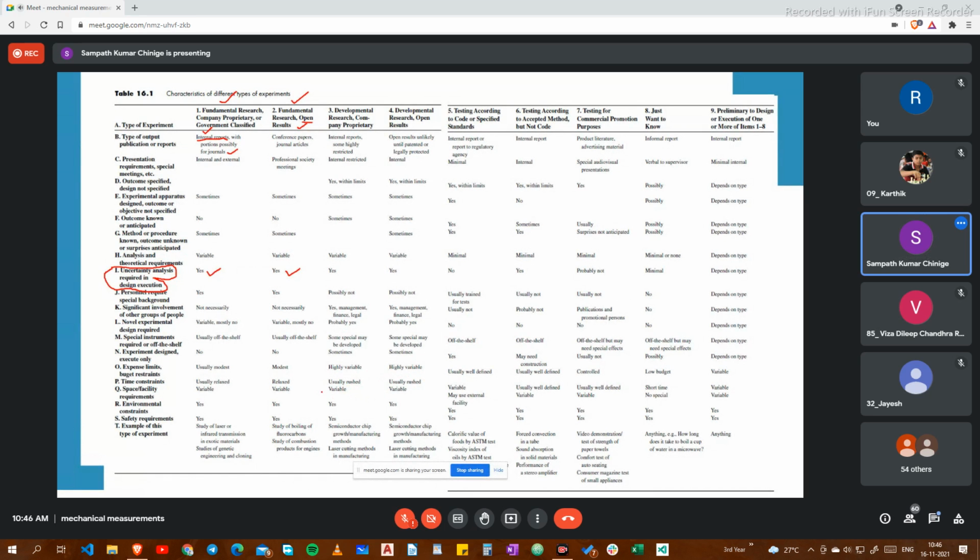One of my experiences in my laboratory, I will tell you. My guide got a good project from the industry. When we had done some experiments and were ready with the results, people from the industry who partnered with us would come to the institute and look at the results.